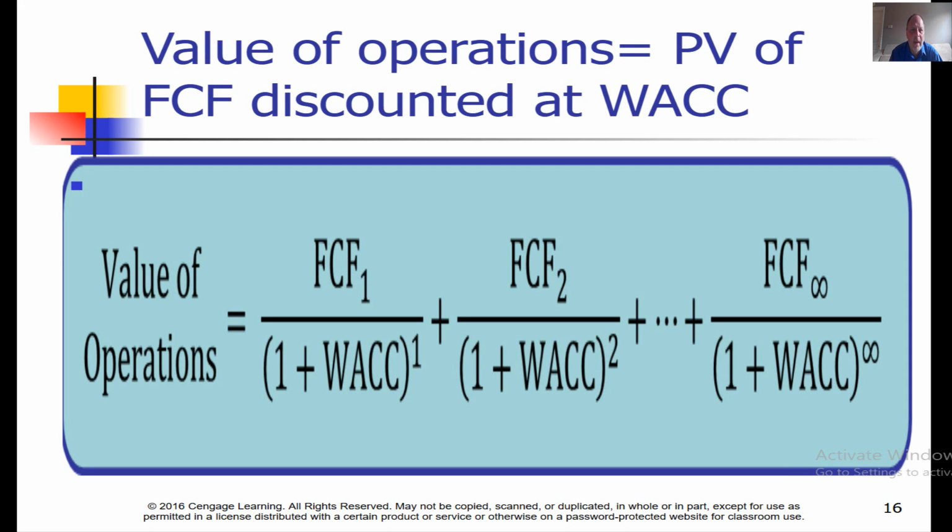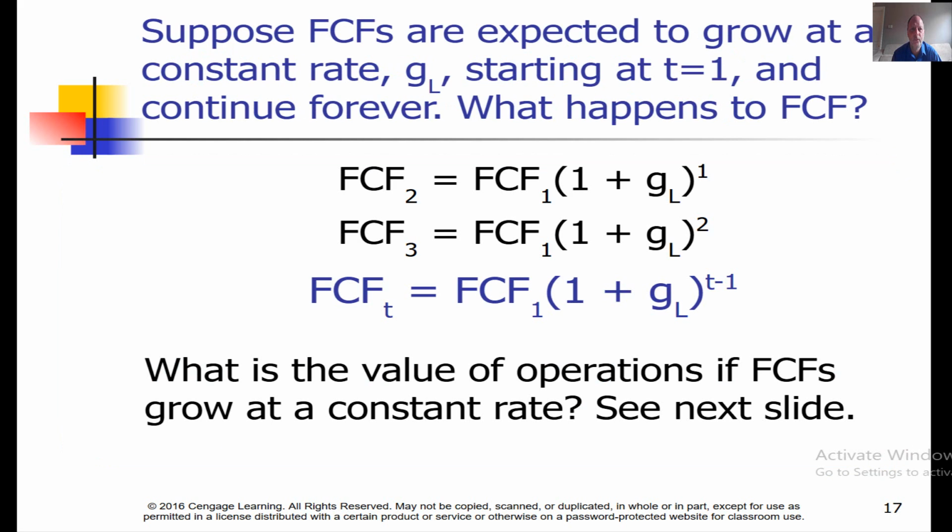So the value of the operations portion, again, is the present value of future cash flows discounted at WACC out to infinity, as shown in this equation. If the free cash flows are expected to grow at a constant rate, say g sub L, g long term, starting at 1 and continue forever, what happens to free cash flow?